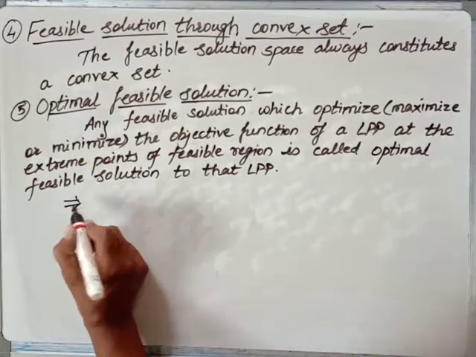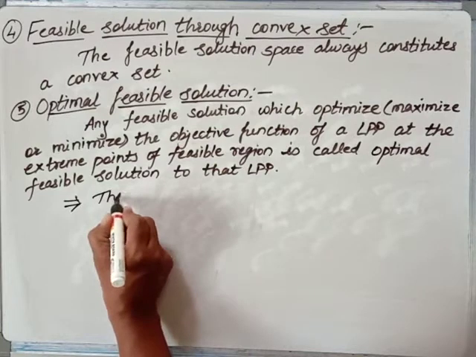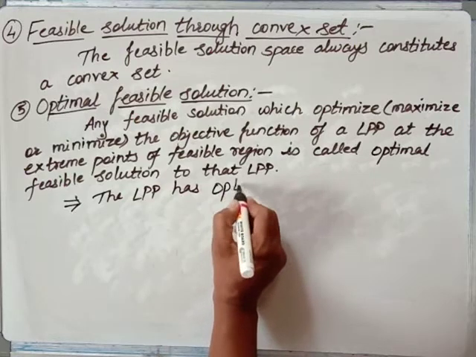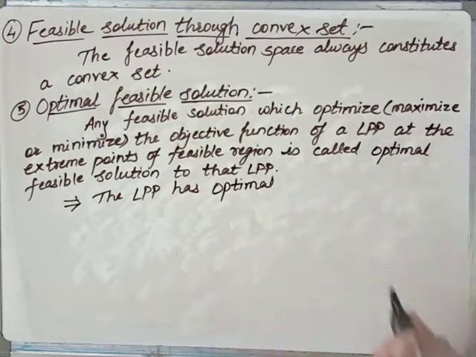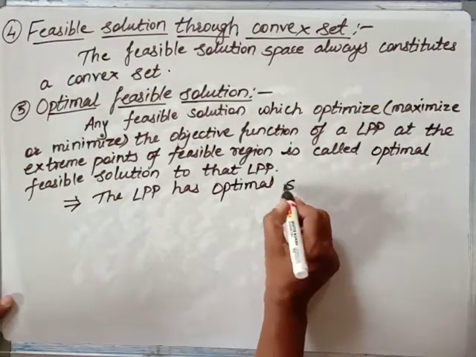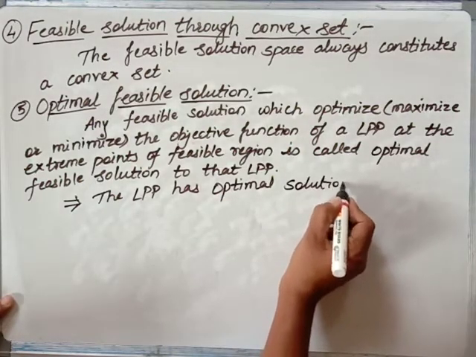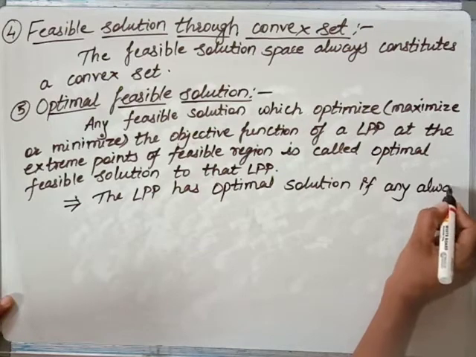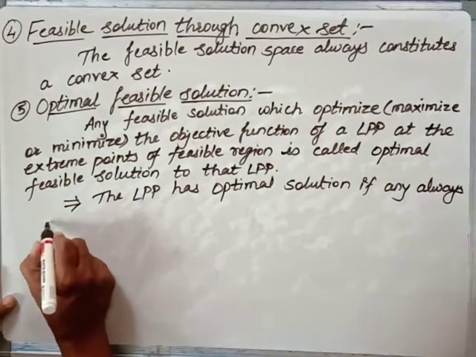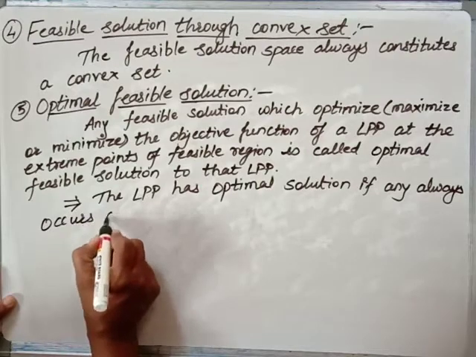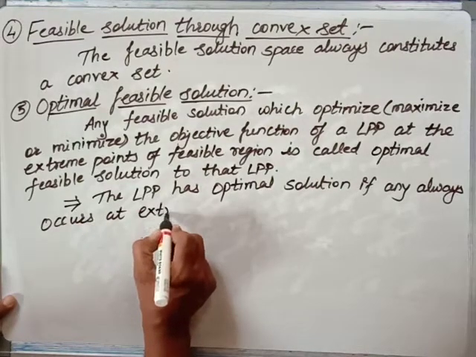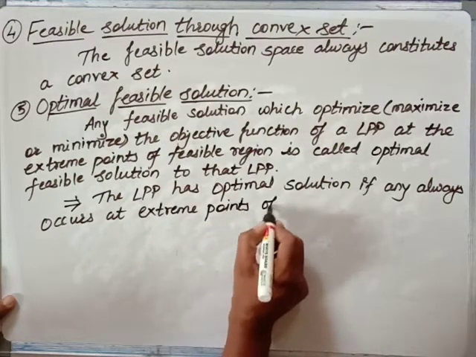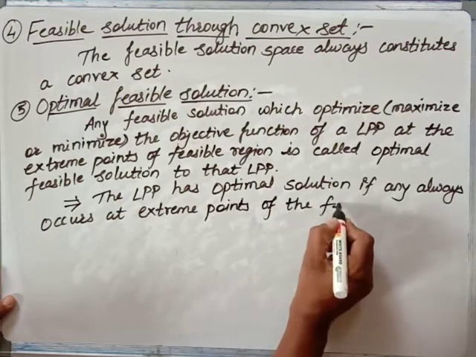So this implies the LPP has an optimal solution, if any, always occurs at extreme points of the feasible space.